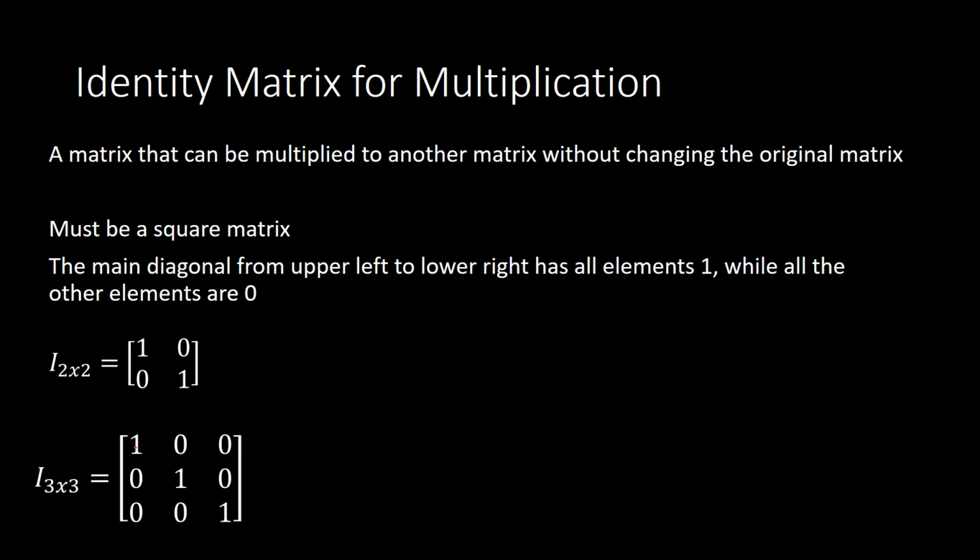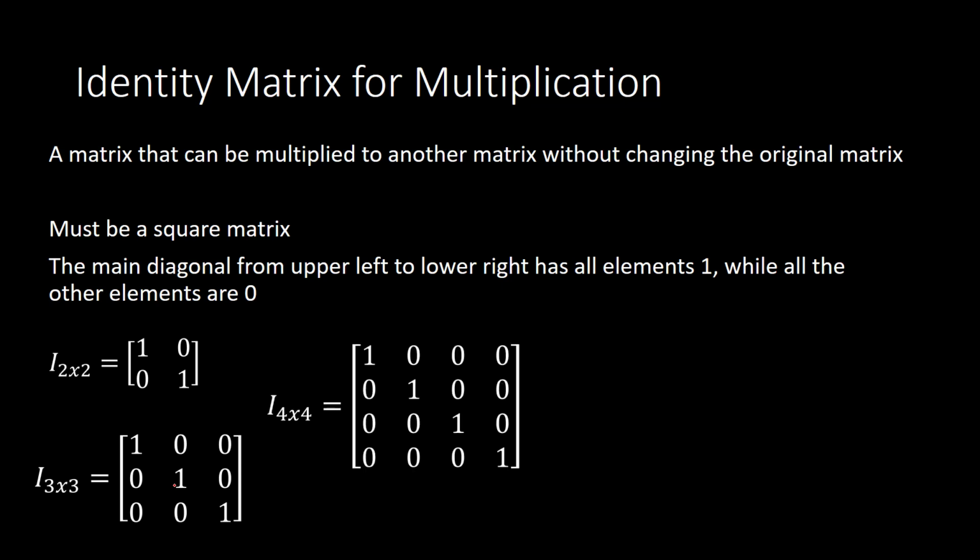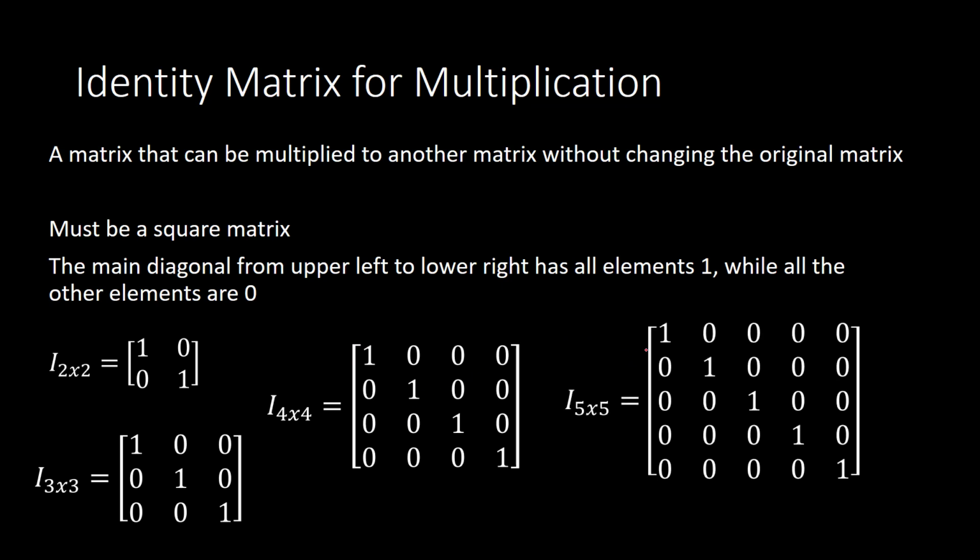For a 3 by 3 matrix, this main diagonal from top left to bottom right are all 1s, and everything else are 0s. For a 4 by 4, we have this main diagonal is all 1s, and everything else is 0s. For a 5 by 5, same thing. This main diagonal is going to be all 1s, and everything else are all 0s.